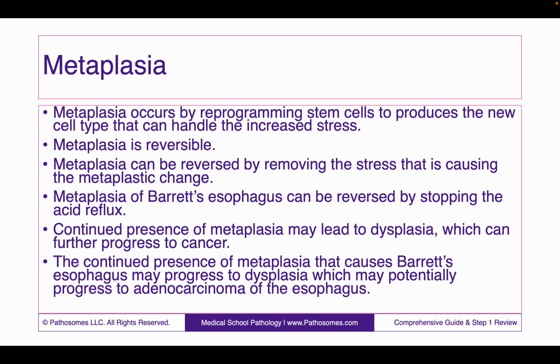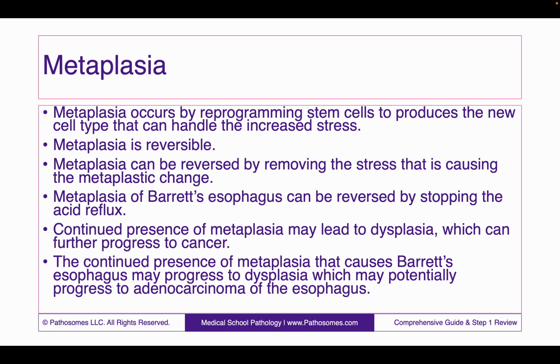Metaplasia occurs by reprogramming stem cells to produce the new cell type that can handle the increased stress. Metaplasia is reversible. Metaplasia can be reversed by removing the stress that is causing the metaplastic change, like stopping the GERD, right? Metaplasia of Barrett's esophagus can be reversed by stopping the acid reflux.